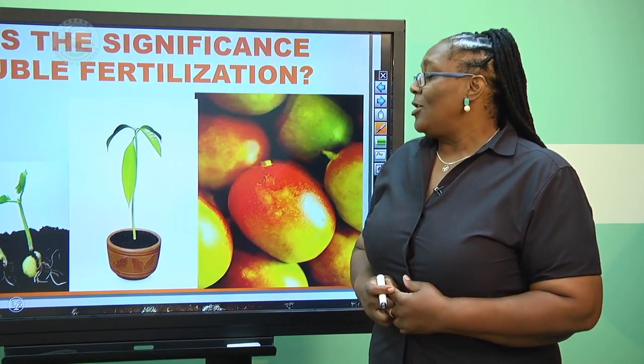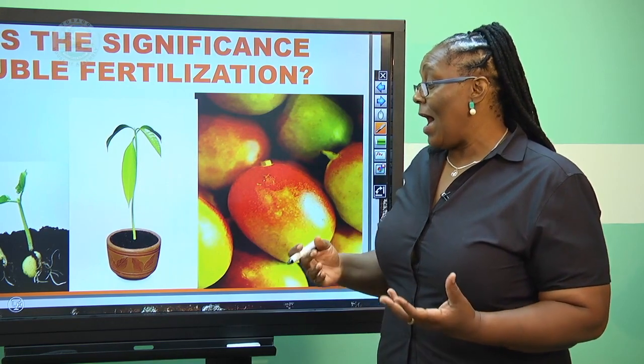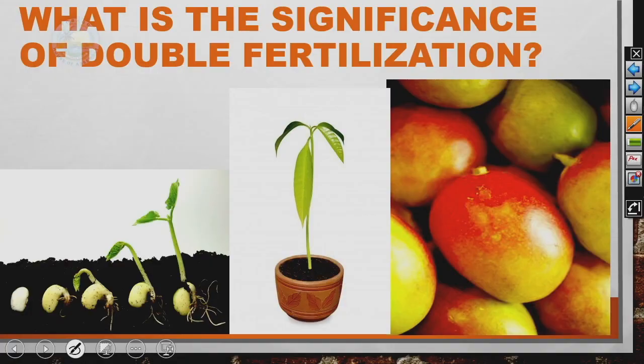topic. I trust that you would have had a deeper appreciation of the process of sexual reproduction in plants. We started off looking at the structure of the flower and the important parts of the flower that are involved in sexual reproduction. We looked at the process of pollination and why the need for cross-pollination as opposed to self-pollination.